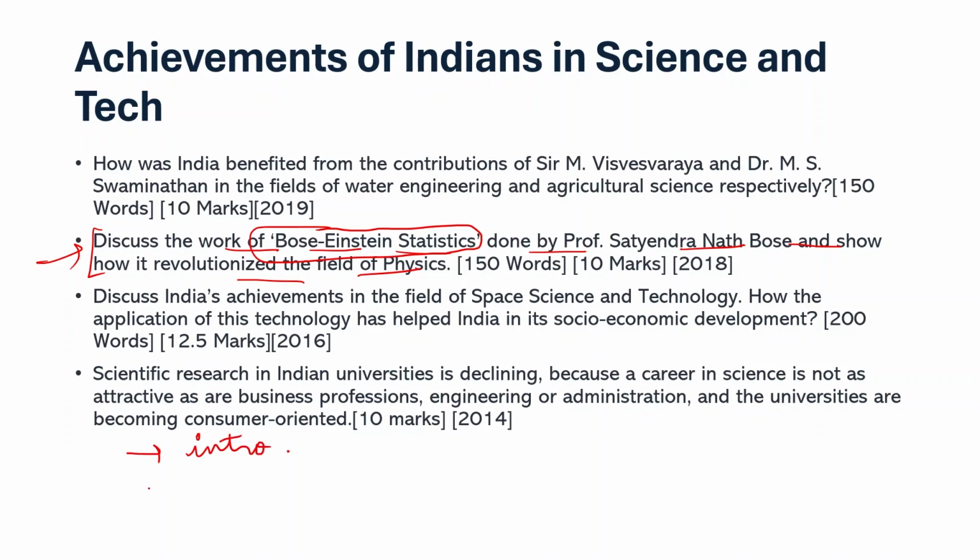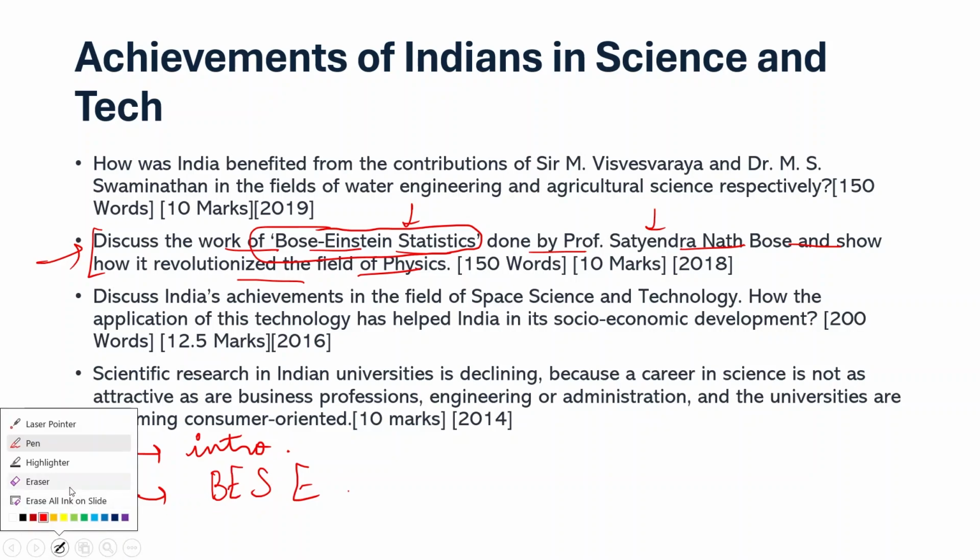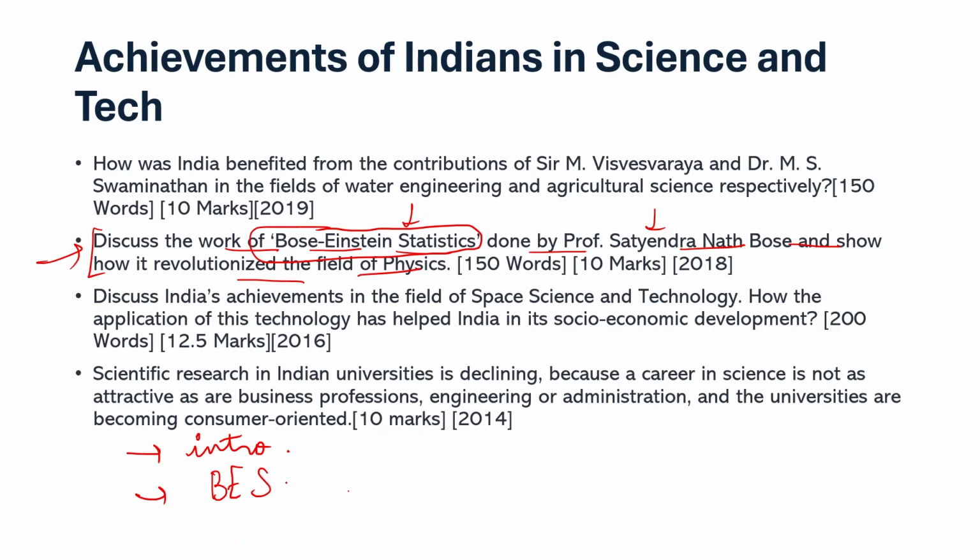Simplify the structure first. You write the introduction where you can introduce, if you know about Bose-Einstein statistics, you can define it, or you can write something about Satyendranath Bose, right? Then you come to Bose-Einstein statistics, and you define what it is, right?